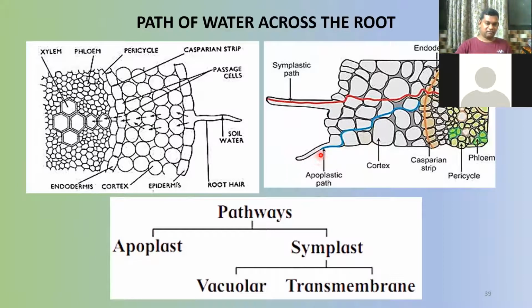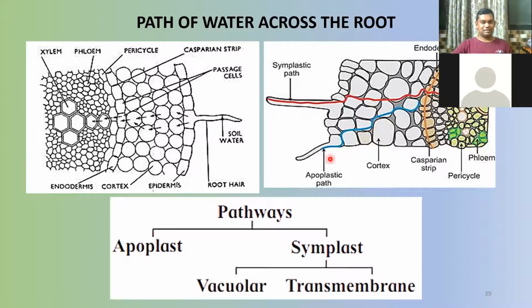Root hair, this is the one. ये epidermis. Just follow that blue line which is shown. The root hair, the epidermis, the cortex, endodermis, ultimately followed by xylem. If you see the blue line carefully, the blue line is not entering inside any cell.